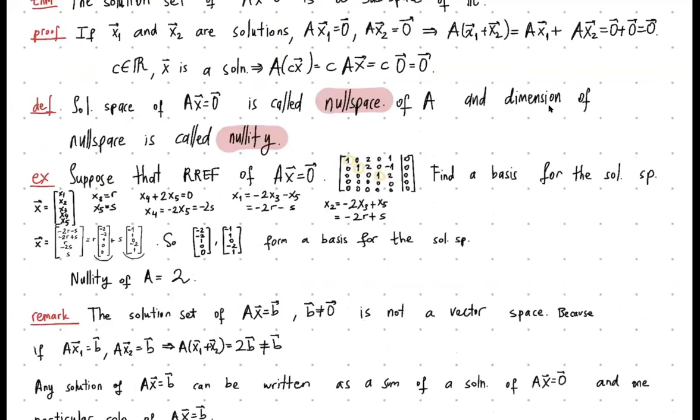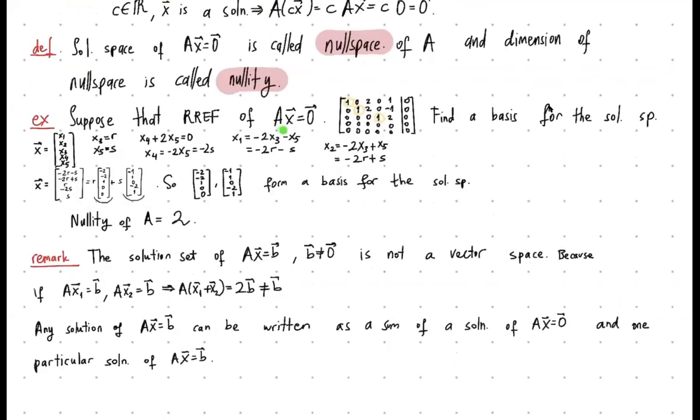Then we looked at this homogeneous system, and if the reduced row echelon form of the matrix is given by this, then a basis for the solution space is spanned by these. If we write the solution, we can see that it is spanned by these 2 vectors.